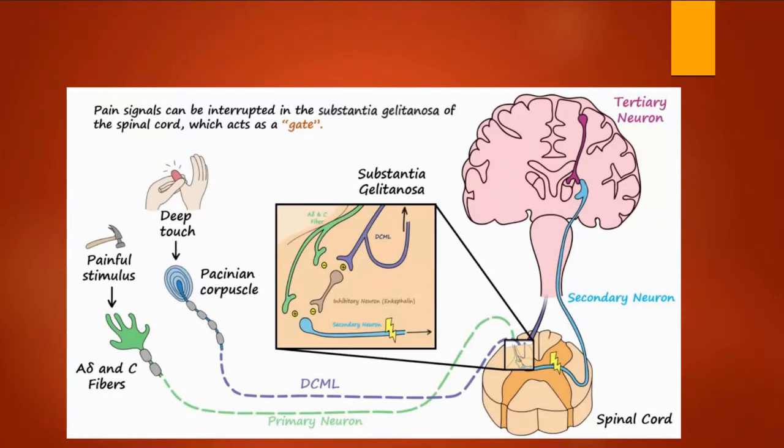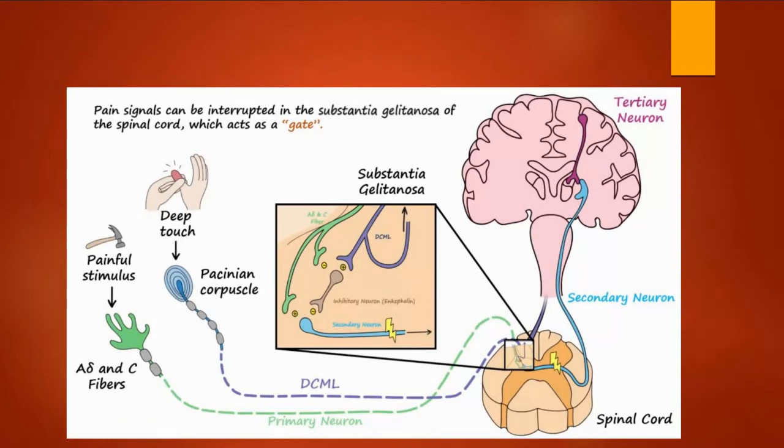Now, basically, this has to do with the modulation process in the pain pathway, which involves what we call interneurons. Now, if you look at the diagram, and if you look at the zoom in square right in the middle of the diagram, you'll notice that there's an enlargement of the first neuron and the second neuron, and in between there's this gray short neuron called an inhibitory neuron, or we call it an interneuron.